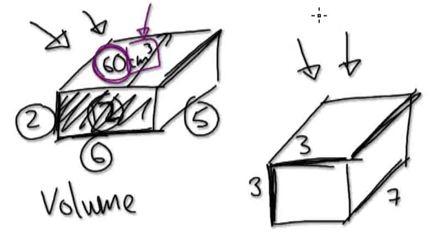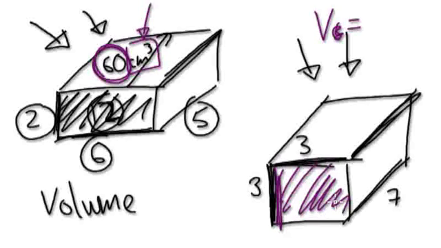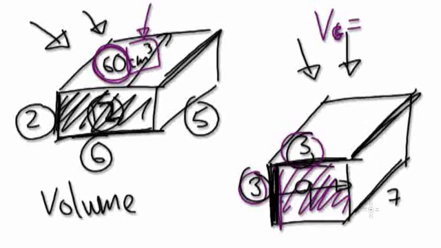Now compare to the volume of this. V of this is what? Well, we'll work out the area first. The area here would be 3 times 3, which is 9, because you get this, and then you drag it across here. So it's basically this times this, 9, and then you times the depth.